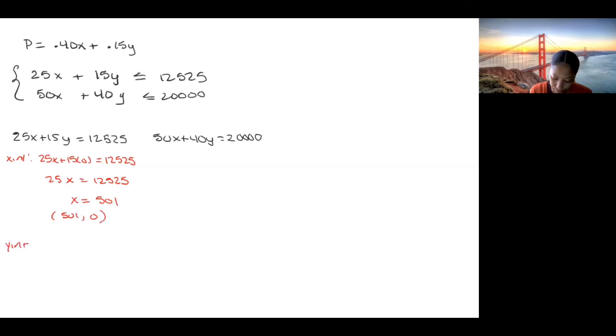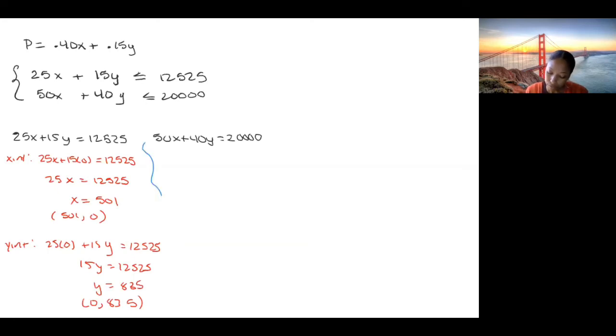For the y-intercept, we'd end up with 25 times 0 plus 15 times y equals 12,525. Then 15y equals 12,525. And if we divide 12,525 by 15, we get 835. So 0, 835. Big numbers here, but that's okay.